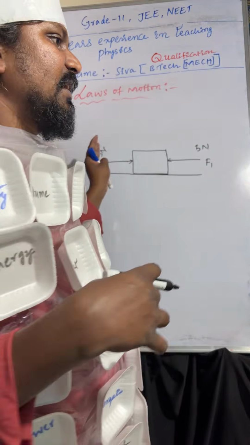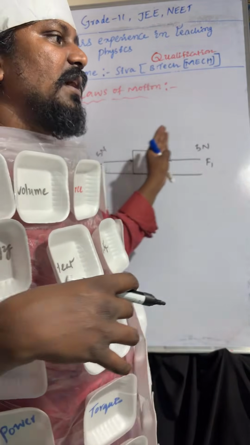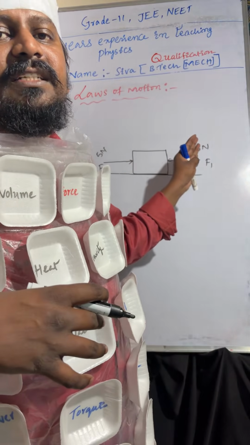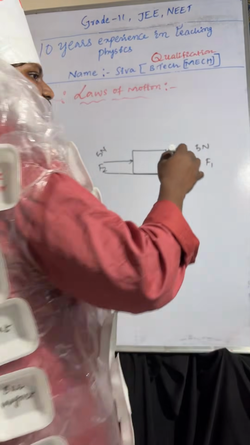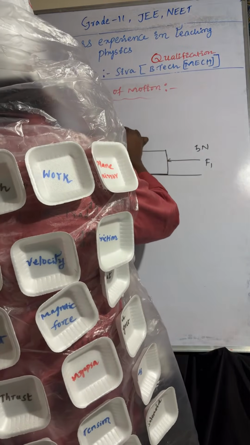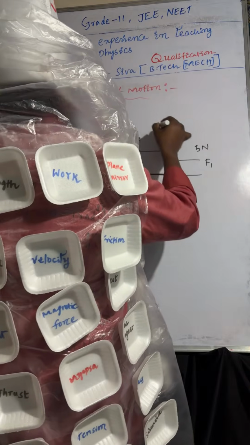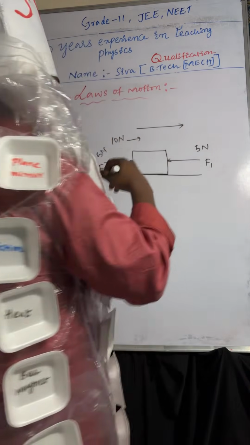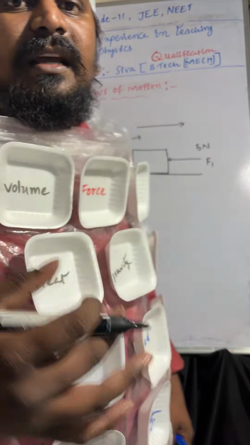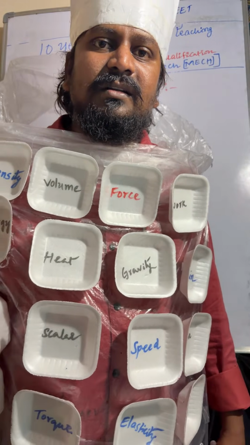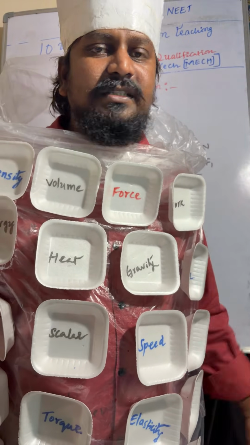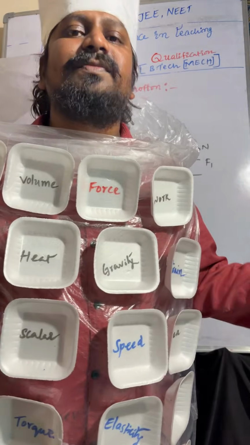Suppose here I am taking 10 Newton and here 5 Newton. Then in which direction does it move? The body will move along the direction in which the 10 Newton force is acting. Understood or not? Yes or no? Is it clear? So that is unbalanced force.